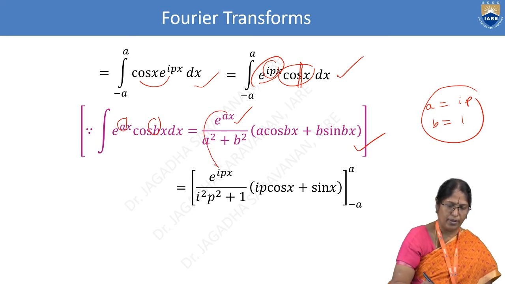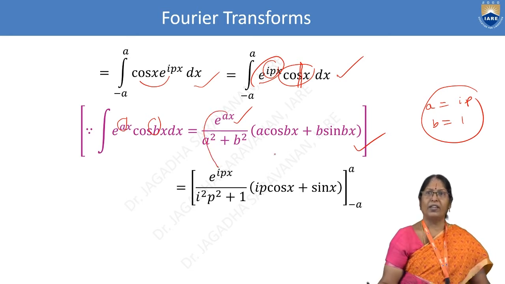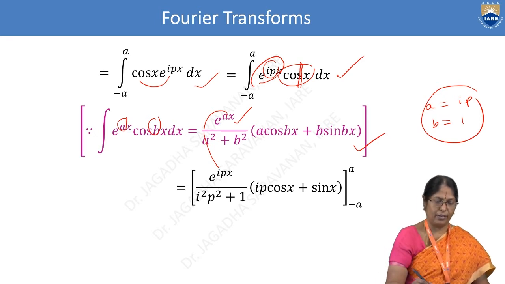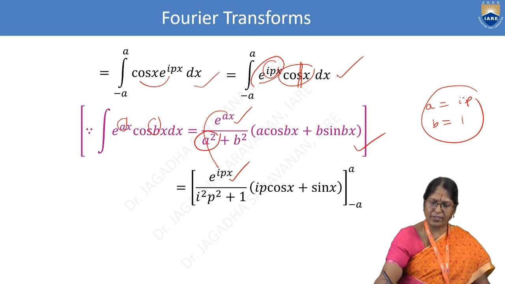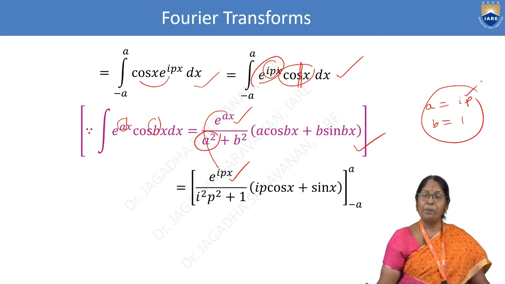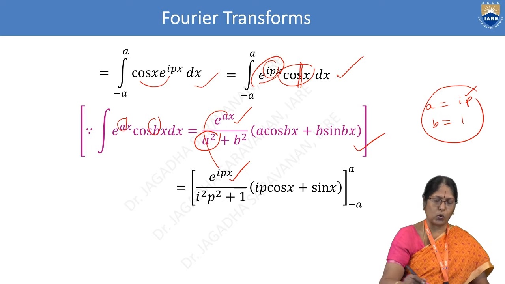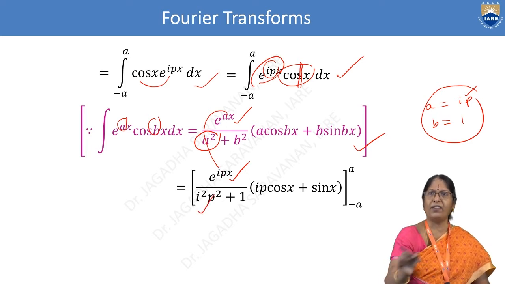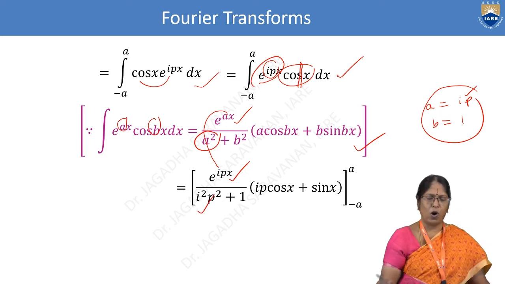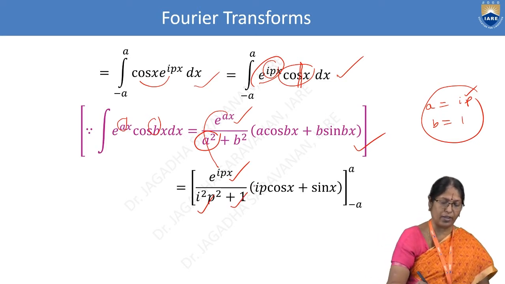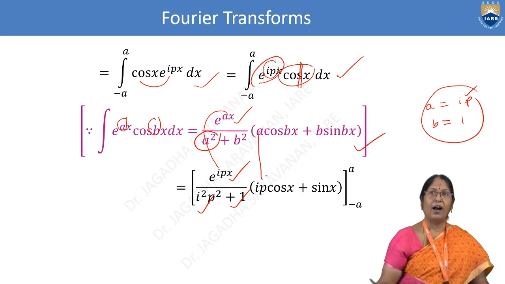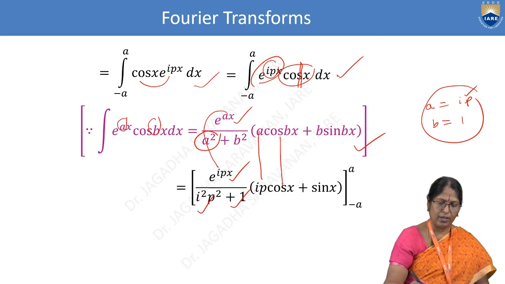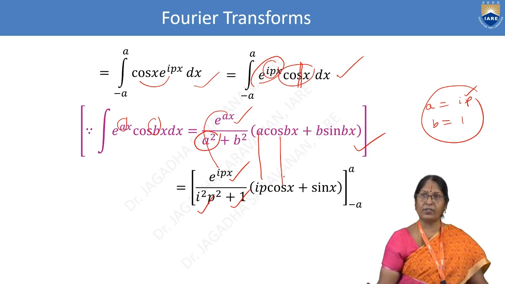So now in the A place we substituted e power ipx. Fine. A square, A is nothing but ip, that means i square p square, it's nothing but A square. What about B? B is 1, that is 1 square, that is 1. Here A is ip, cos bx, that is cos x.